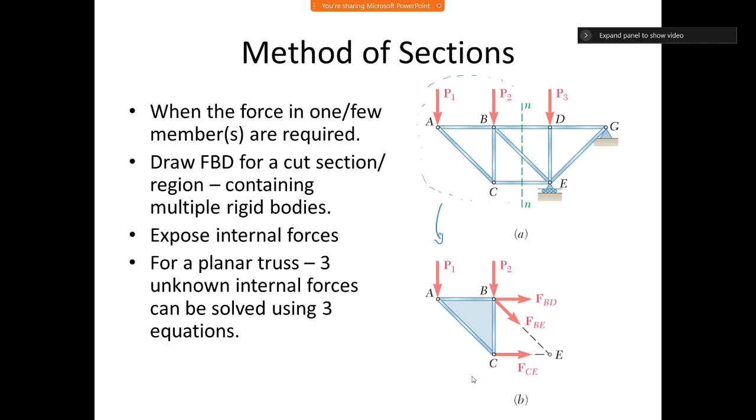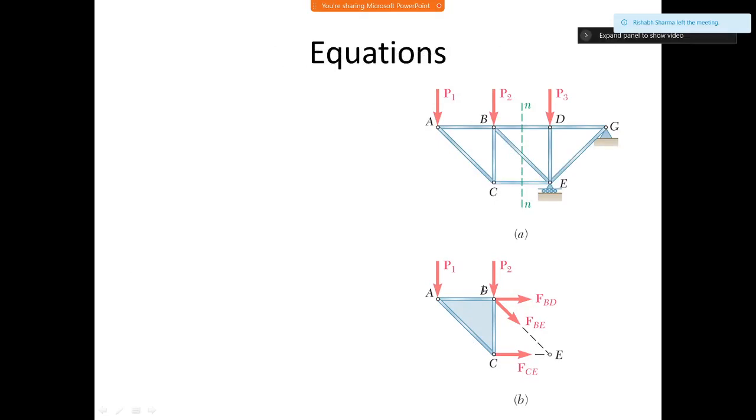So that is what the method of sections is in principle. Let us quickly write down the equations. In this diagram, a good way to start is to write moment about point E equal to 0.